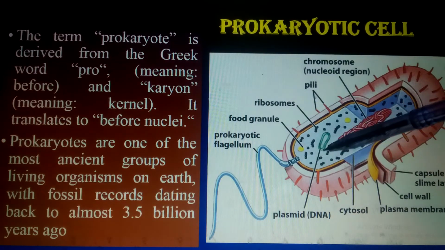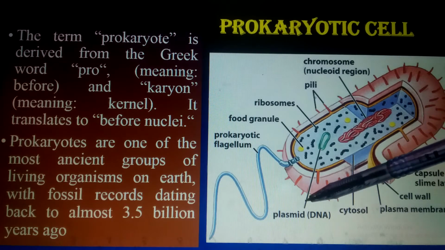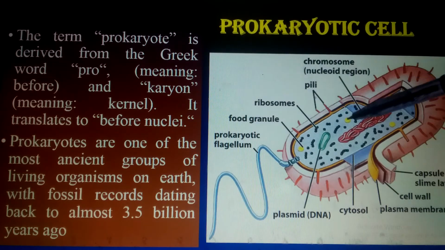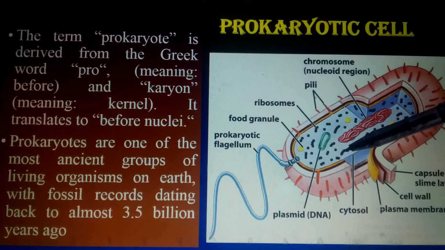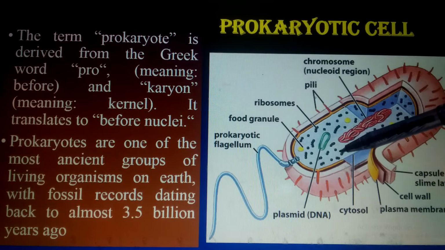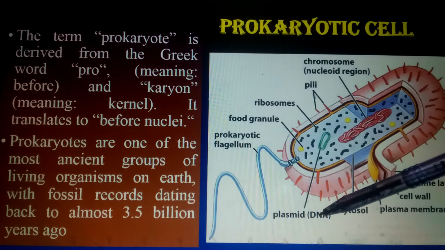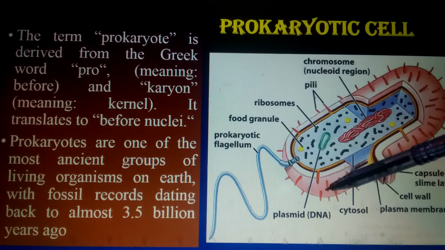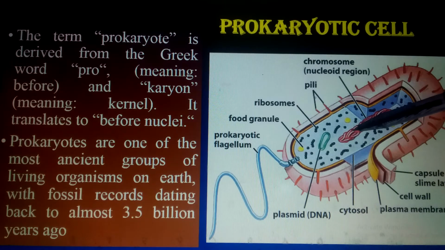The plasmid is not present in all prokaryotic cells or bacteria; in some it is absent, but in most it is present, and it is used as a vector in recombinant DNA technology. So this is all about the structure of the prokaryotic cell.